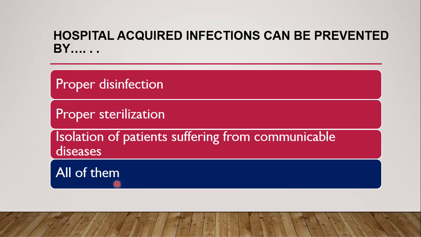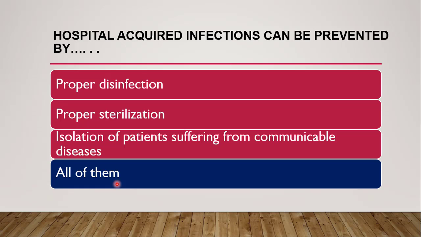These include various sources from that hospital, such as patients suffering from communicable diseases, or infected hands during surgeries of the surgeon, nurses, ward boys, etc. Then unsterile instruments can also be one reason. Hospital staff is one of the reasons.